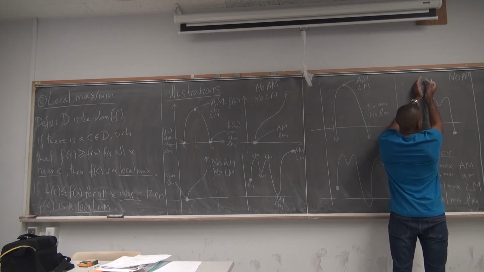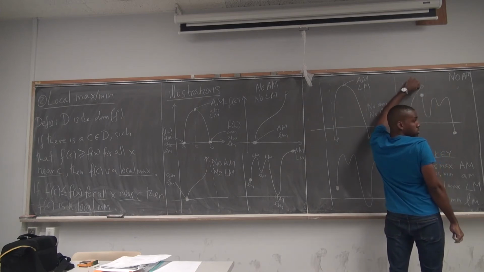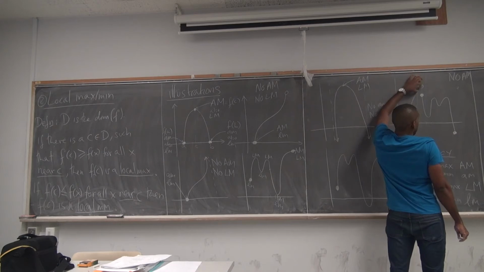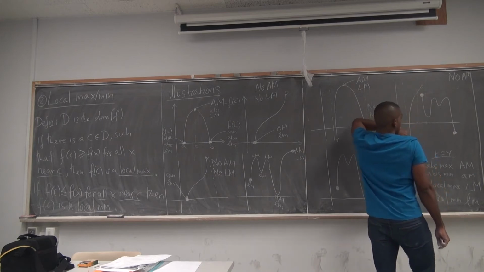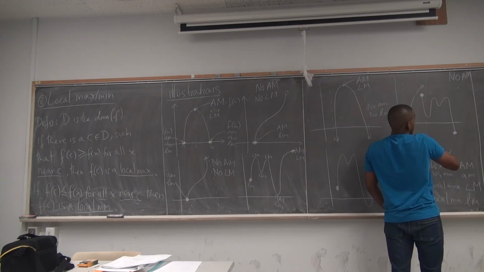No matter how small I go, there are always going to be y values that are bigger than him. But they never actually reach a maximum. They keep getting bigger and bigger, but they never get to this destination. So these y values are larger, but they never actually get to be the largest. So there's no local max here, and there's no local min there either.